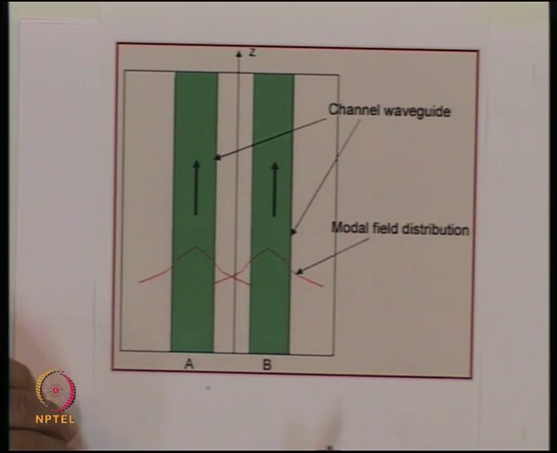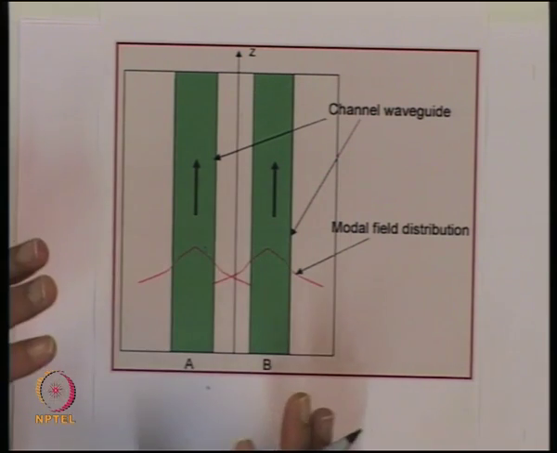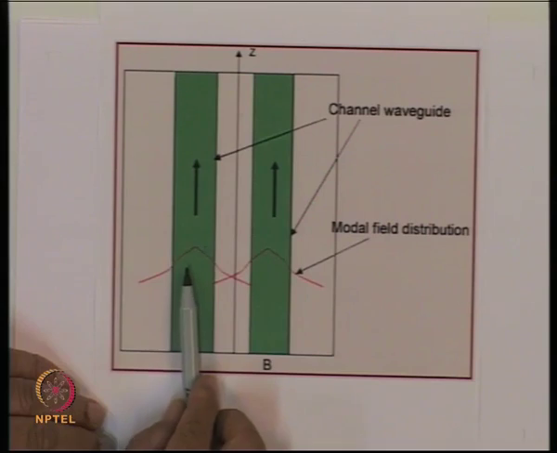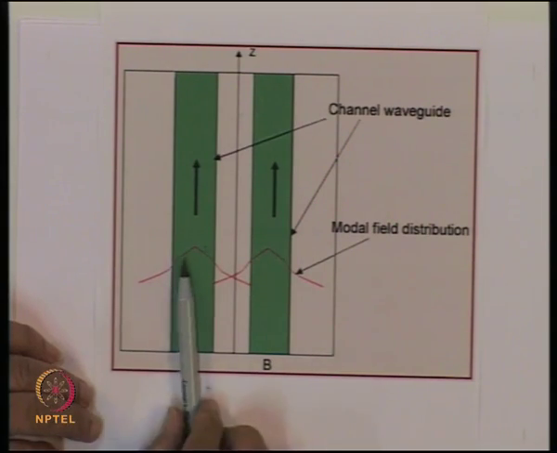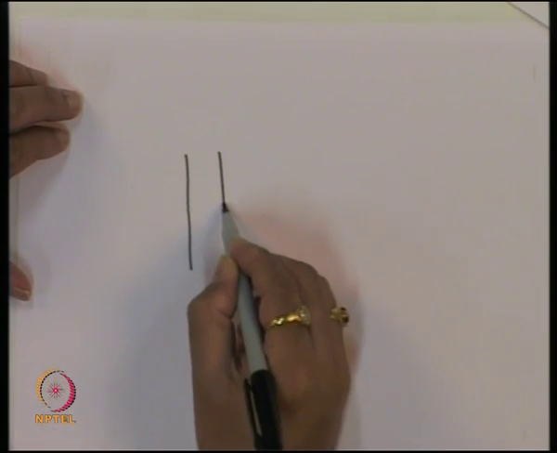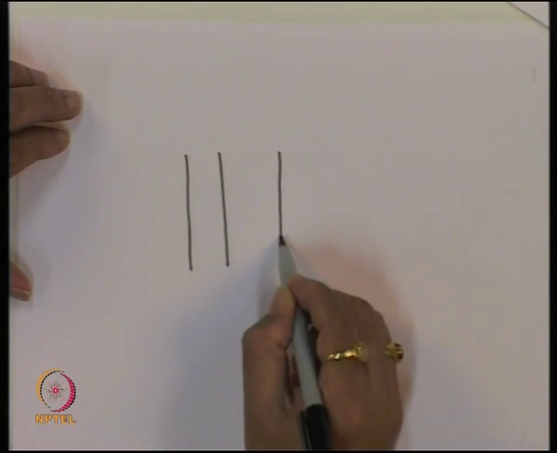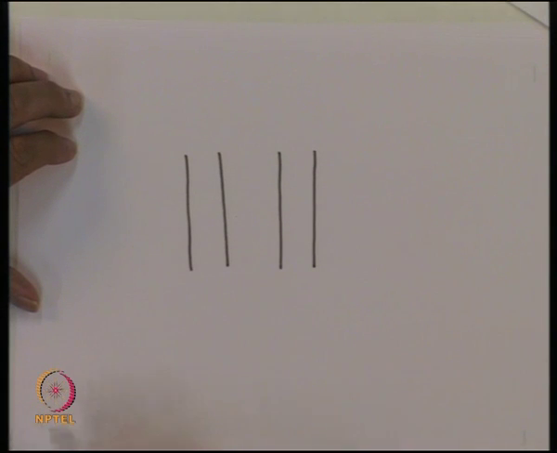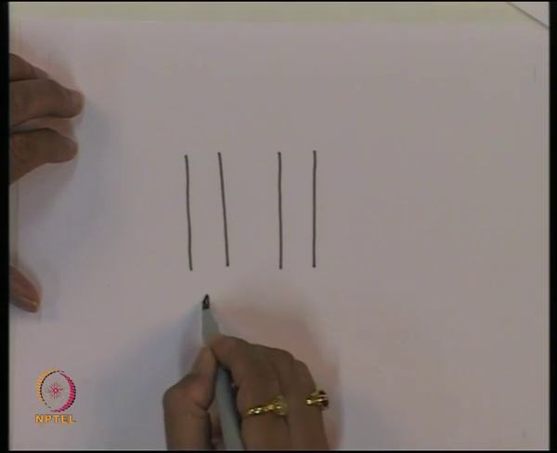What that means is that the phase constant of these two are identical, the refractive index is identical, width is identical, everything is identical. And then let us say we excite one of these waveguides. So the idea here is as follows: we have one channel waveguide, there is another channel waveguide next to it, and we excite this waveguide.